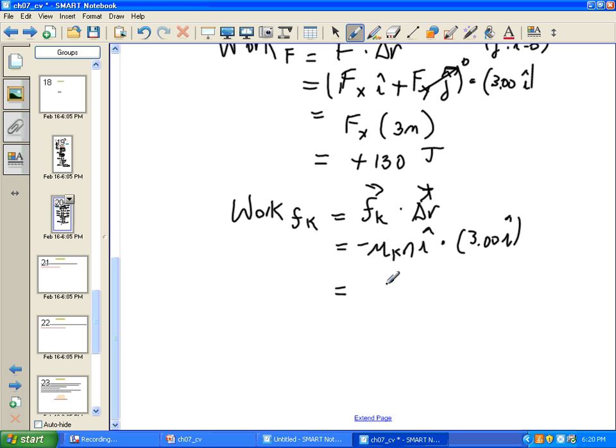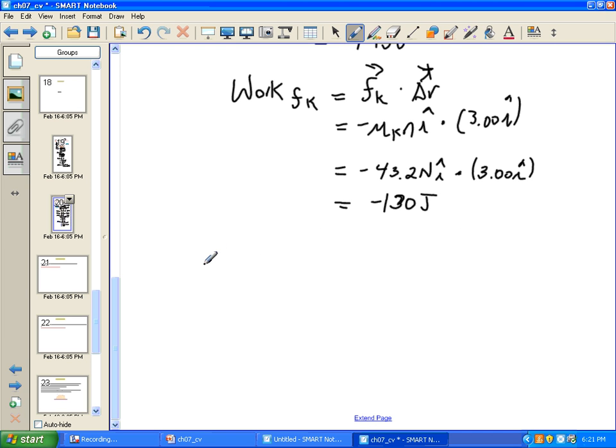Once we substitute n equal to 216 newtons, and mu k is given as 0.2, we get F sub k equal to minus 43.2 newtons in the minus I hat direction, dotted with 3 meters in the positive I hat direction, and lo and behold, we get minus 130 joules worth of work.